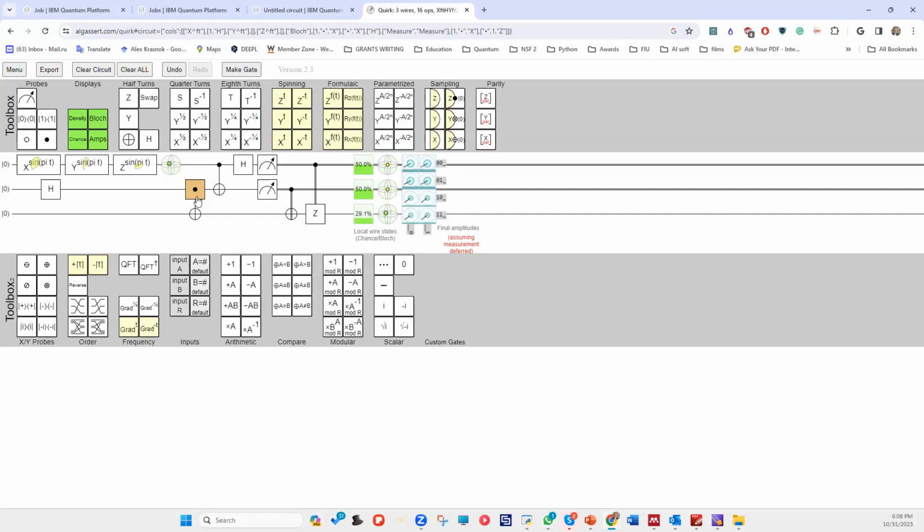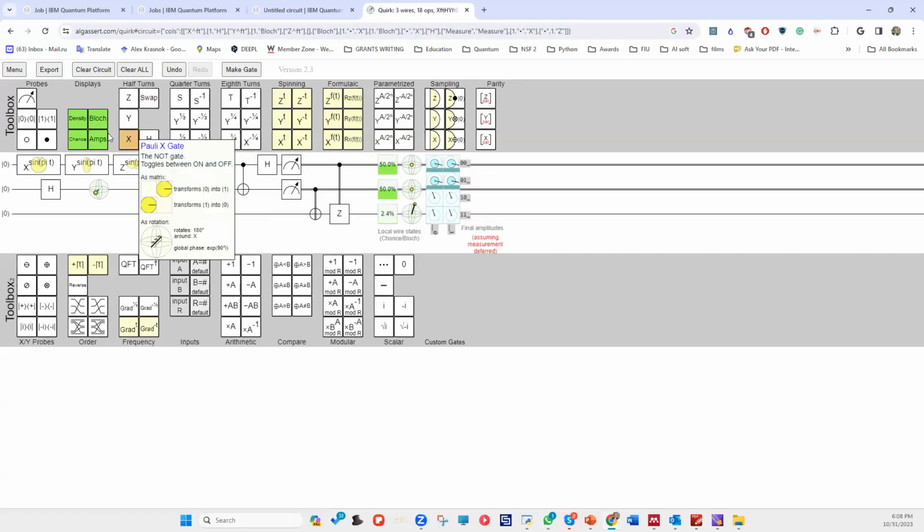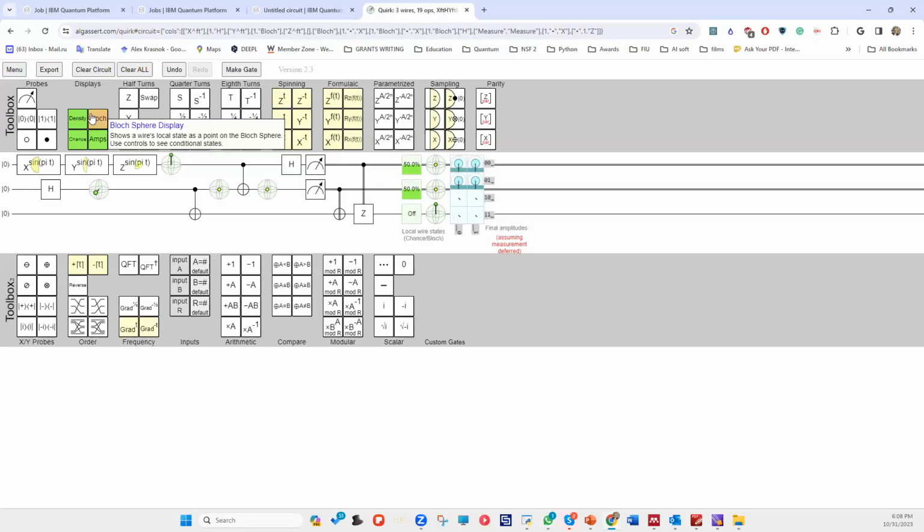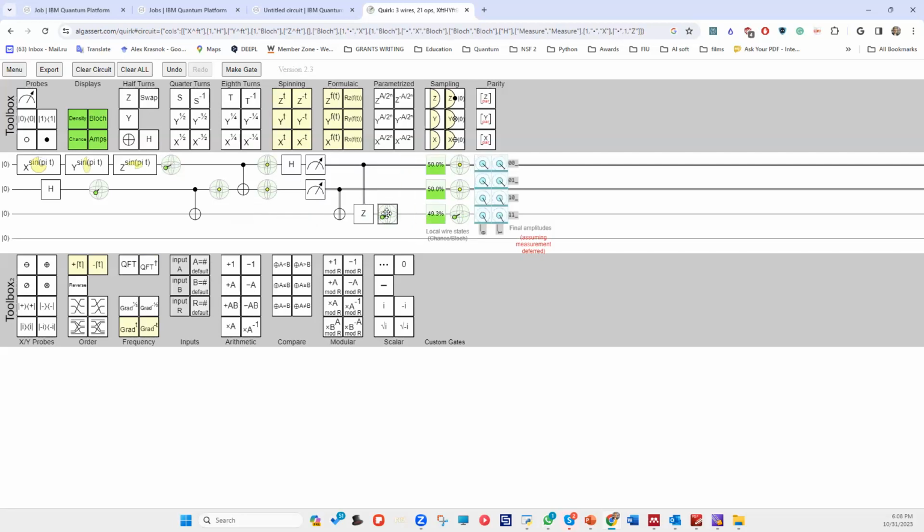To understand how it works, you can, for example, write down the states in each layer, or using this Bloch sphere approach, you can see the quantum states in every layer, in every qubit of this circuit, like this.